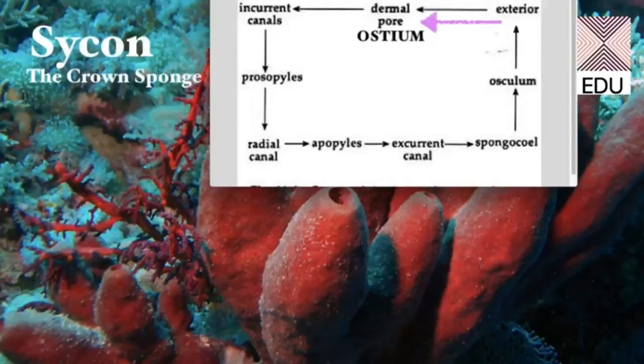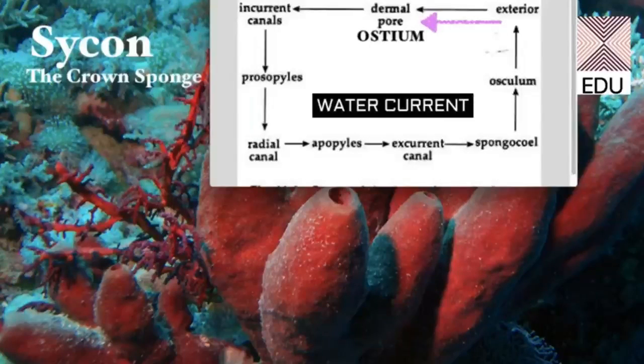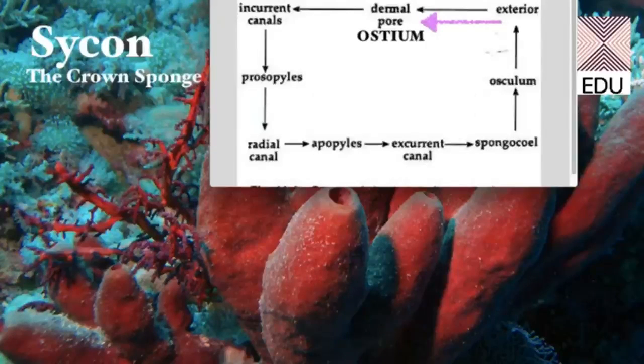This particular diagram shows the water current in the body of the Scypha. So the water from the exterior, first of all, enters into the ostia or the dermal pores. So I have written here ostium. So this is the single pore. Now from the ostium, it enters into the incurrent canal.